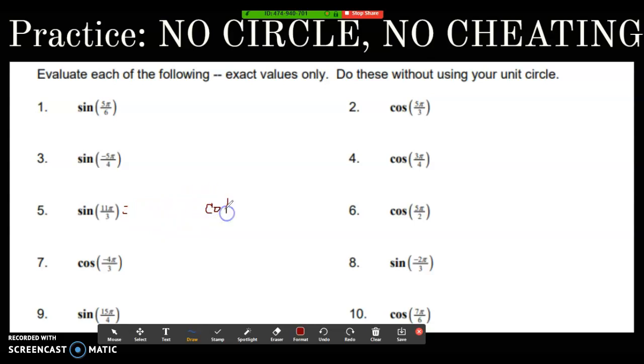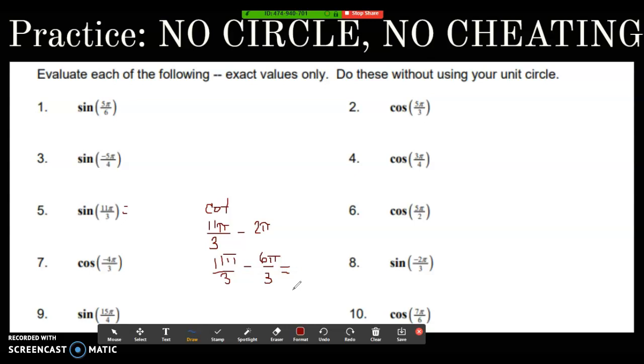Our coterminal angle for 11 pi over 3 means that this time, instead of adding 2 pi, we have to subtract 2 pi, right? And remember, we need a common denominator. So we're going to take 11 pi over 3, and what we're really subtracting is 6 pi over 3.